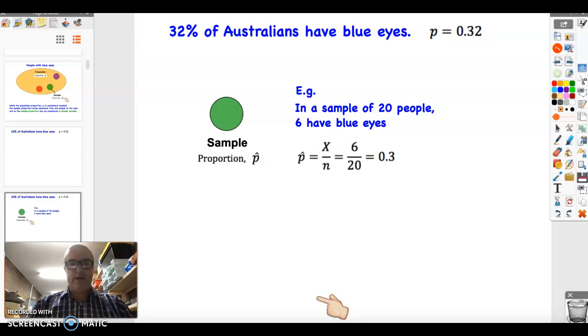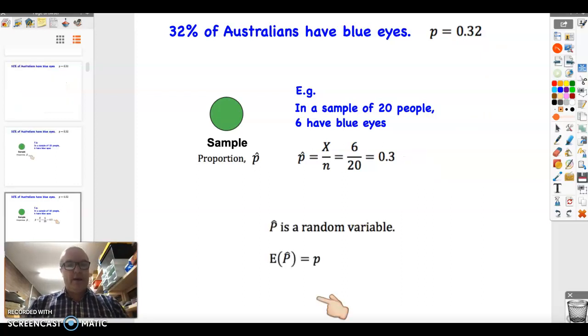It's a very simple calculation. We take the number of people with blue eyes divided by the size of the sample, which is 6 divided by 20, and we get 0.3. So P is equal to 0.32, and at the same time for this particular sample, P hat is 0.3.